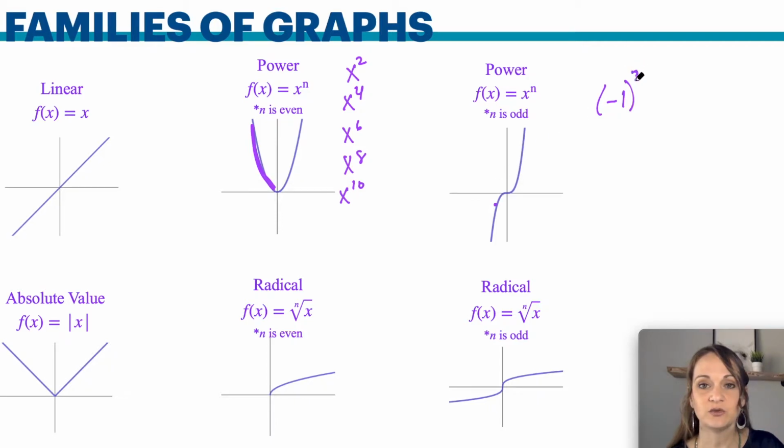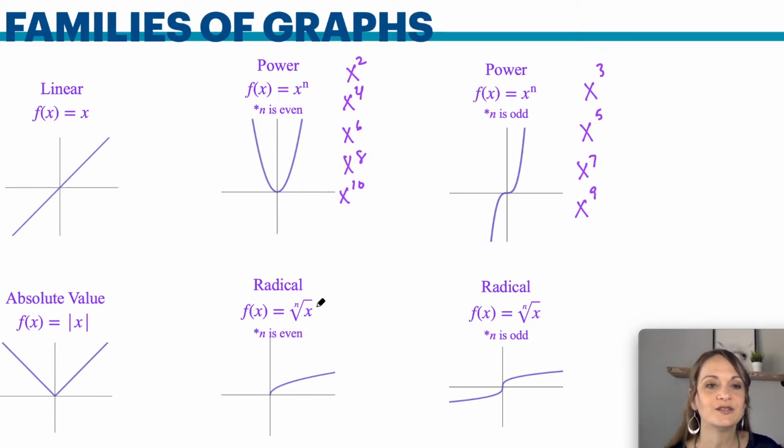And negative raised to an even number becomes positive. And so that is why if it is an even number, then both sides will be going up. But if it's an odd power, then the positive side goes up, but the negative side actually turns down. So these cases would be like x to the third, x to the fifth, x to the seventh, x to the ninth. You get my drift.